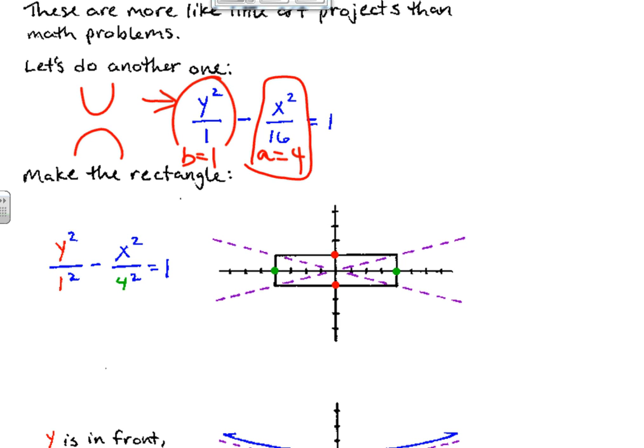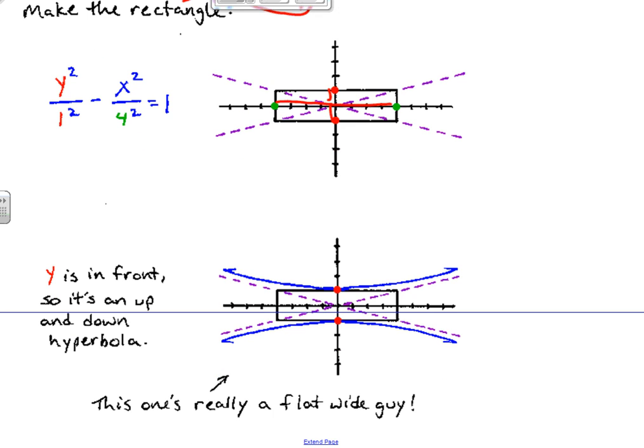B is equal to 1, so it goes 4 to the left and to the right, 1 up and down. We draw the box, draw the asymptotes through the corners of the box and the origin, and then since it's y squared first, when we draw the hyperbola, then it just goes up, and this one is really flat and wide, I guess, as we look at it.